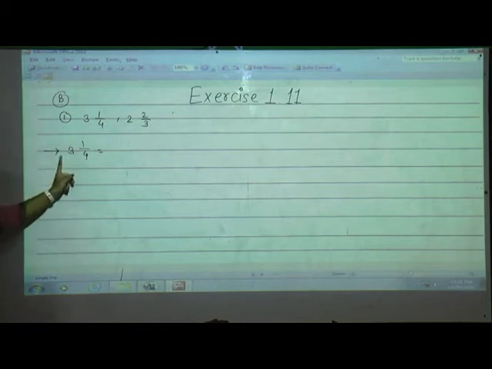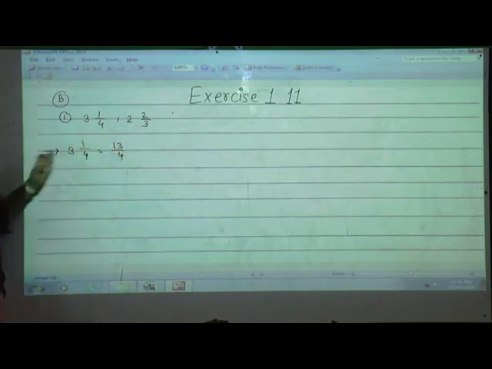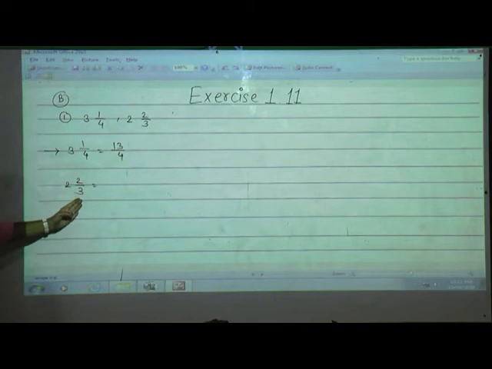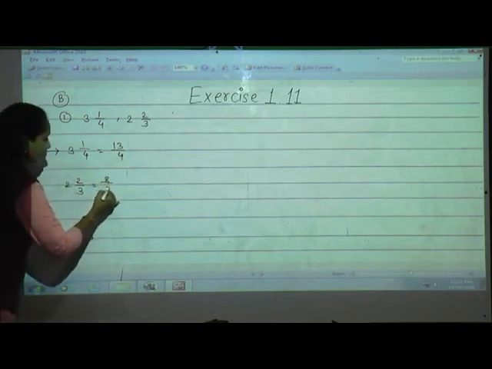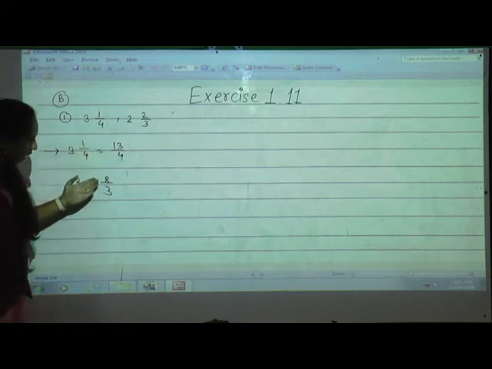Directly you do, don't waste time. 3 4s are 12, 12 plus 1 is 13 upon 4. And the second one, 2 2 upon 3: 2 3s are 6, 6 plus 2 is 8, 8 upon 3. Now we got two improper fractions, 13 upon 4 and 8 upon 3.